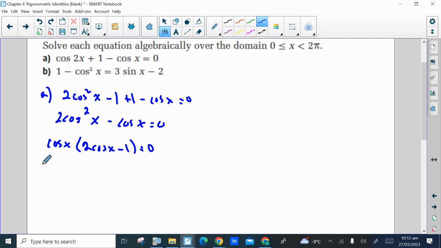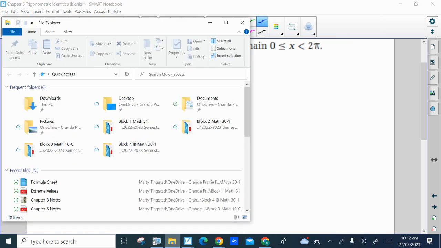So our solutions will come when each factor equals 0. For that first factor, it's just where the cosine of x equals 0. For the other factor, where 2 cos x minus 1 equals 0, which if you get cosine of x by itself, then it's where the cosine of x equals 1/2.